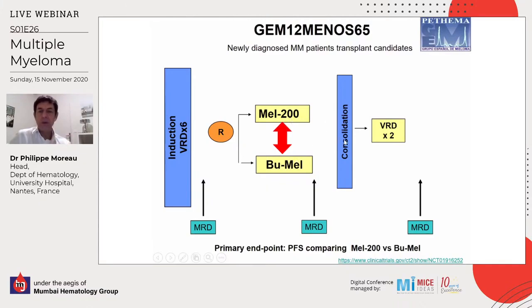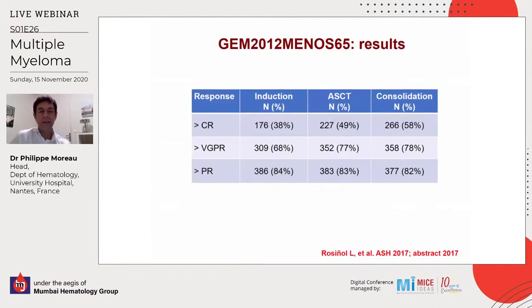Patients subsequently received 2 cycles of consolidation before maintenance. And our colleagues from Spain, Jesus San Miguel, Laura Rossignol, Joan Blade, Mariví Mateos, looked at MRD after induction, after stem cell transplantation, and after consolidation. And Bruno Paiva did the analysis.